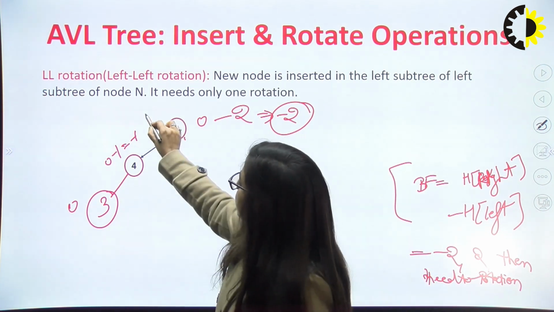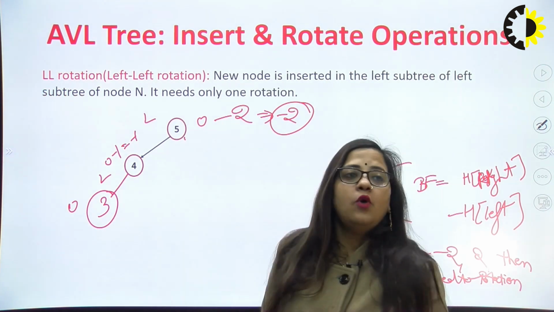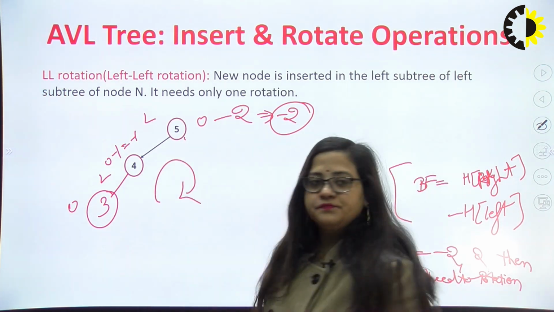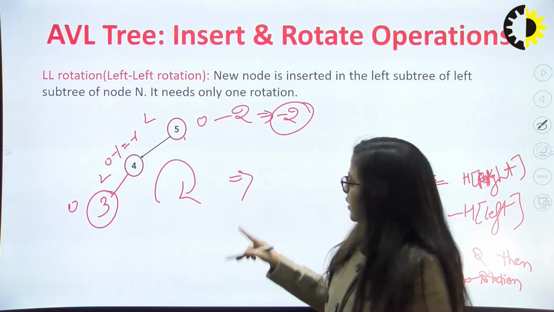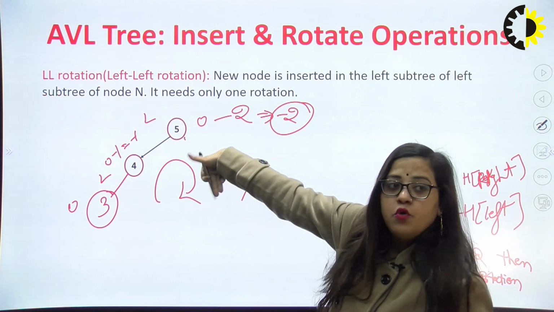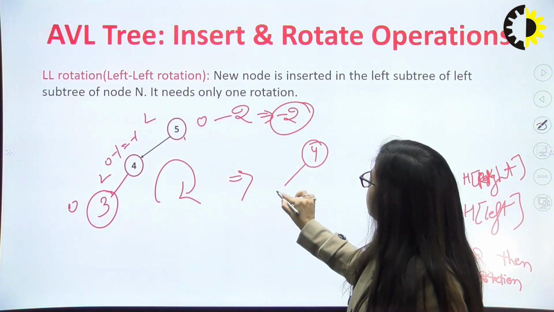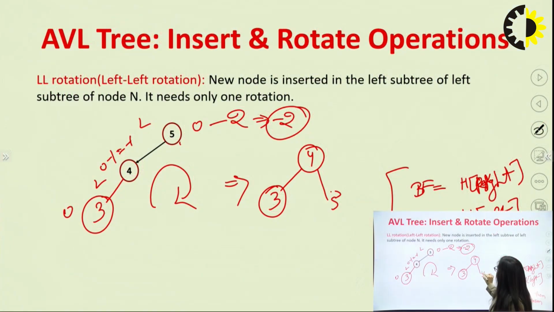It is left L and again left L. So according to LL rotation, we move anti-clockwise. So 4 is here, 3 comes to here, and 5 comes to here, because it moved anti-clockwise.